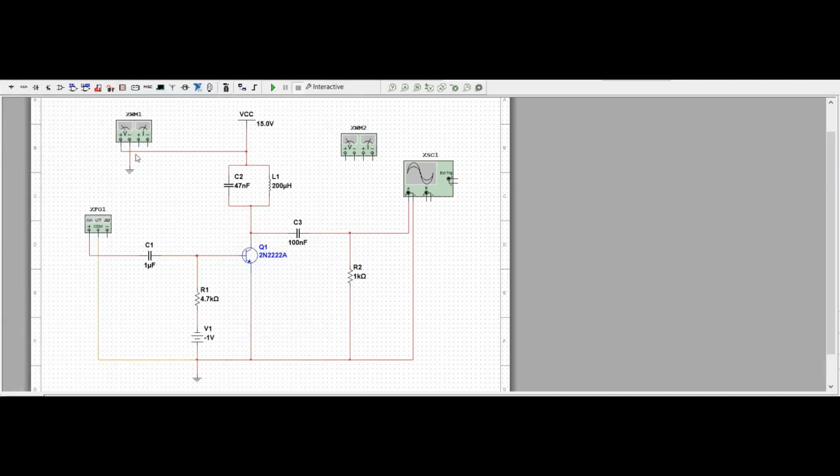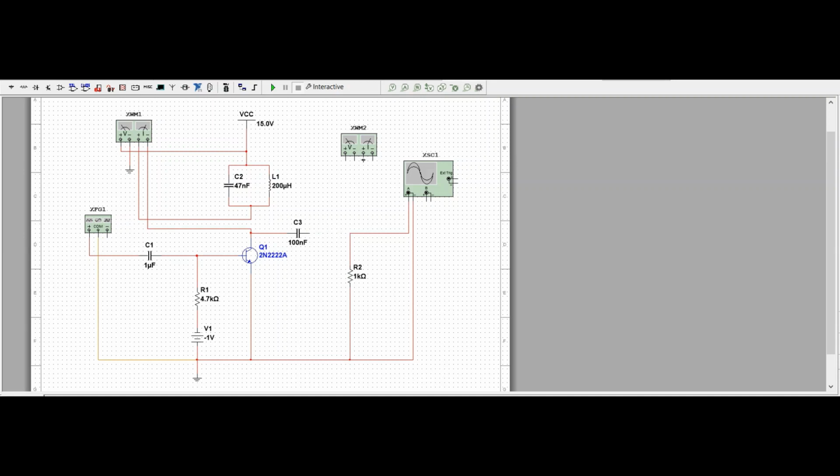For current, it comes in series, so we will be opening this loop and we will be connecting the current meter. Positive over here, negative to the collector. Similarly, at the output side, first open this link of the output.